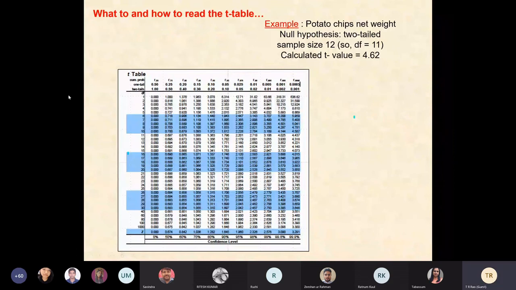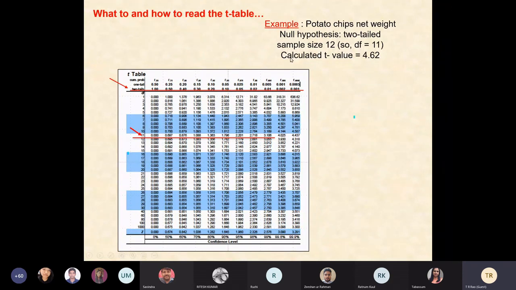This is the t table. This is the degrees of freedom, and it also tells you whether it's one-tailed or two-tailed. In our case, it's one-tailed. So this is your 11, sample size n-1, and you go there. You see, you got 3.46, right?